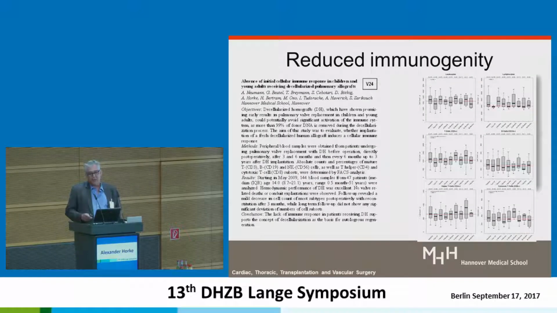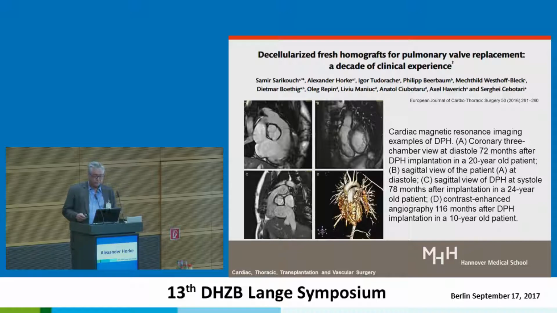We looked for this in our patients after pulmonary valve implantation, and we haven't seen an immune response, but this was after a heart-lung machine operation, and this is a totally different situation. I think we have a reduced immunogenicity also in decellularized homografts.